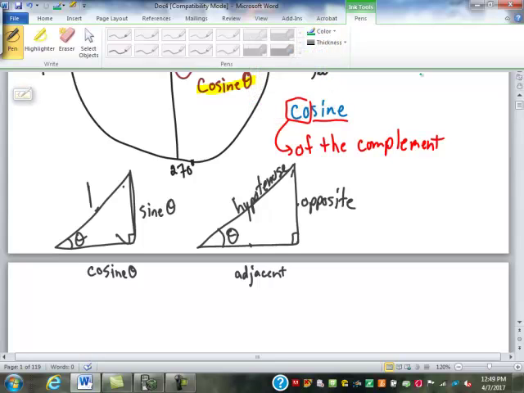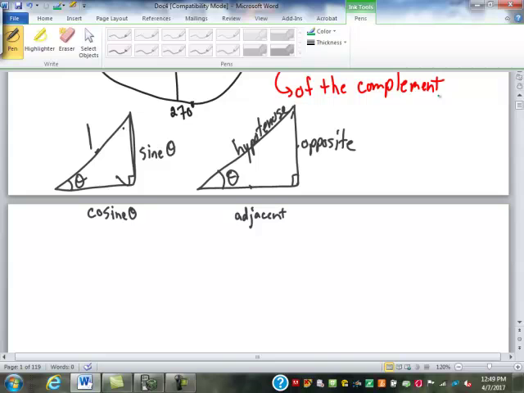Now let's look at our similar triangles. I'm going to look at sine. What side in the other triangle corresponds to the sine? The opposite side. I'm going to abbreviate it OPP. I also have the 1 side here. So let's look at the 1 here.